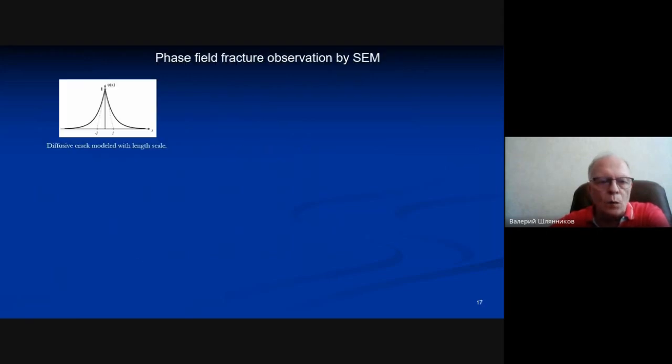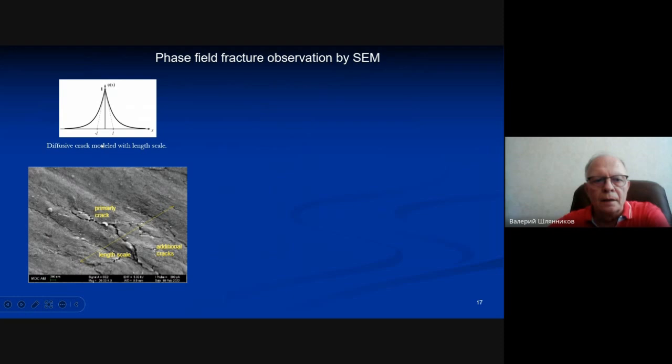And now I would like to show the real confirmation of the diffusive crack model. You see that there is a primary crack and additional small cracks.